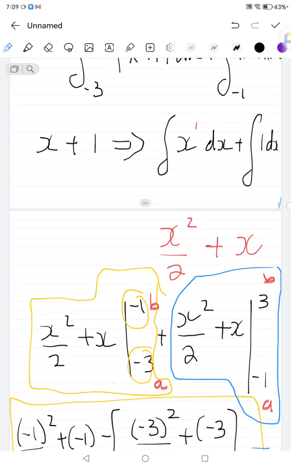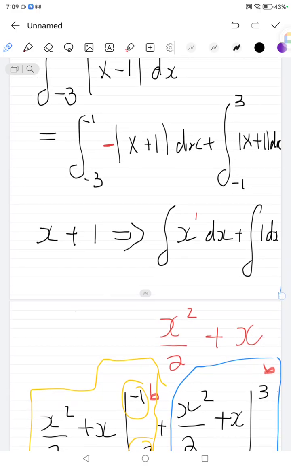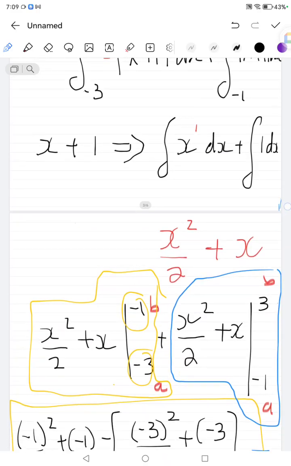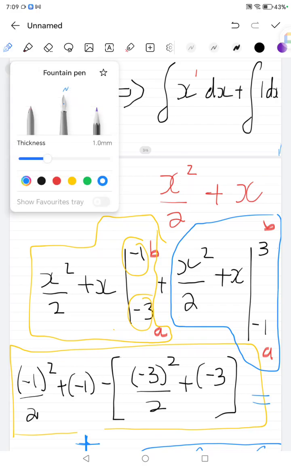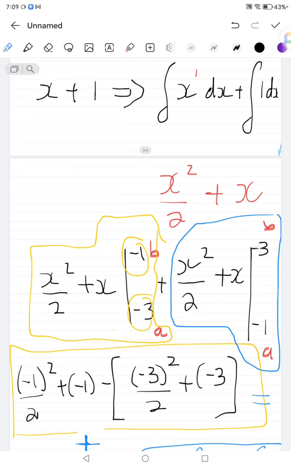So let me quickly check. The first one is minus 1 and minus 3. I said it's 3 and 1. Yeah, we made minus 1 and minus 3. Oh, here I did it correctly. Let's just make sure that we fix this. We have minus 3 and minus 3.